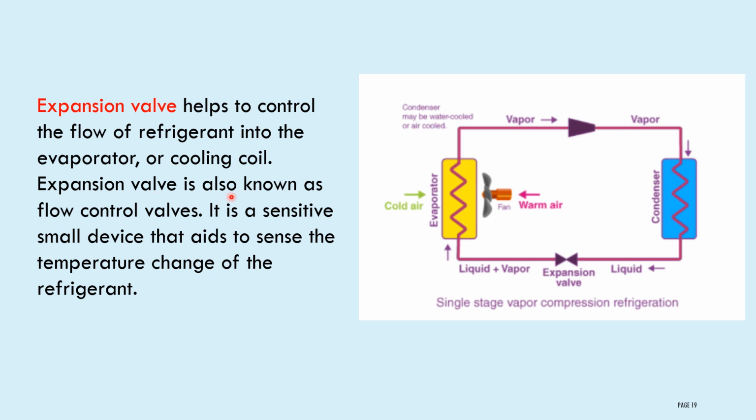The expansion valve is also known as a flow control valve, because it controls the flow of refrigerant in a refrigerator. It is a sensitive small device that senses the temperature change of the refrigerant. It will sense the change in temperature of the refrigerator, then maintain the flow of refrigerant.